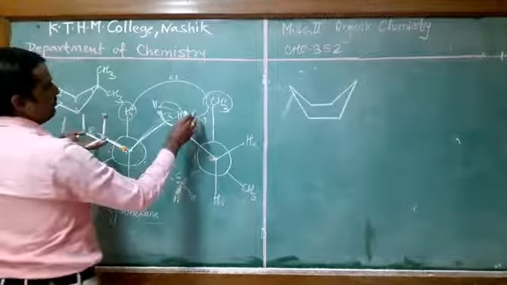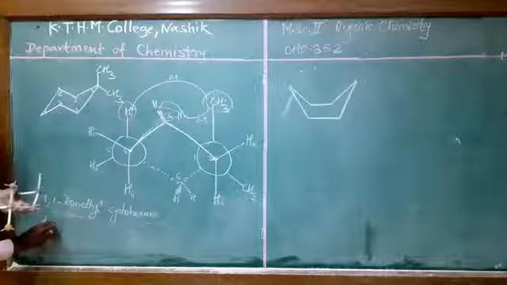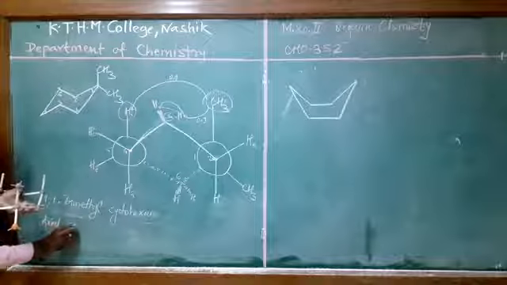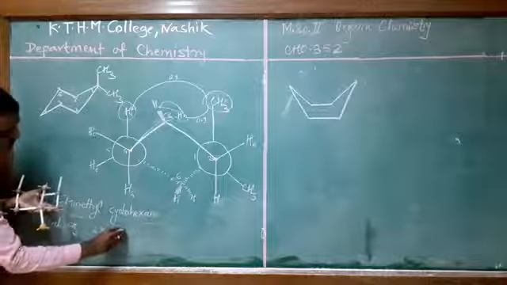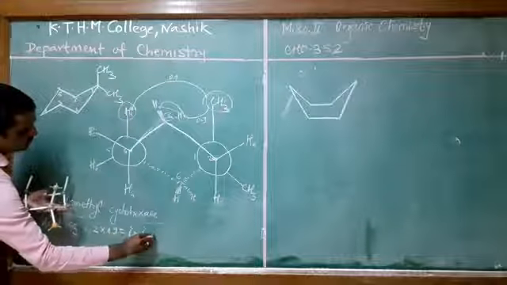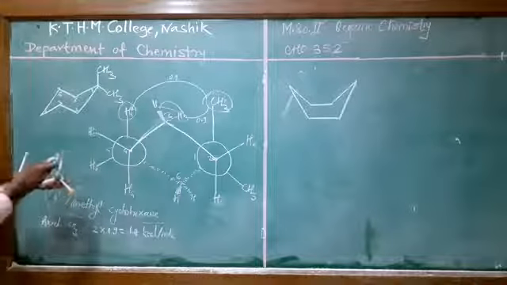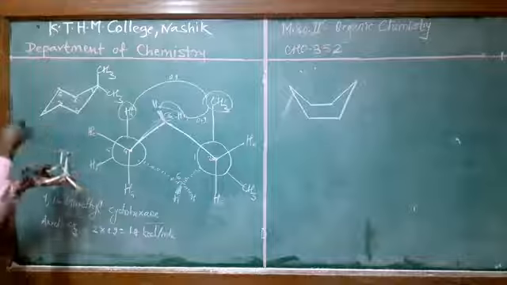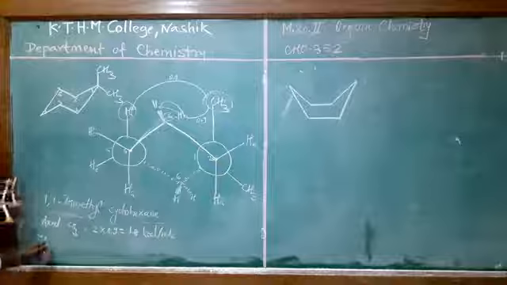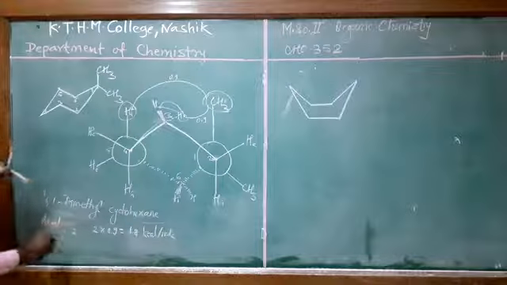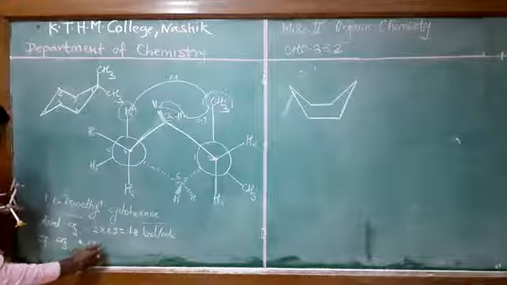So 0.9 plus 0.9, 2 into 0.9, 1.8 kilocalorie per mole for axial CH3. We know that each axial CH3 creates two 1,3 diaxial interactions having the energy 1.8 kilocalorie. But look at this, the equatorial CH3 doesn't have any interaction, 0 kilocalorie per mole.